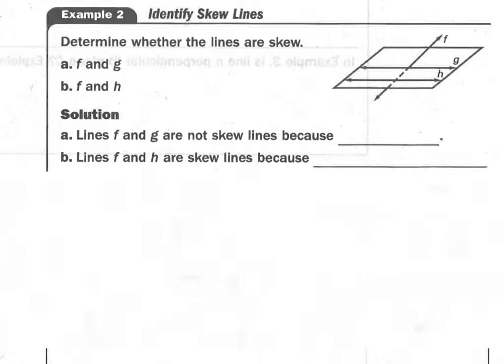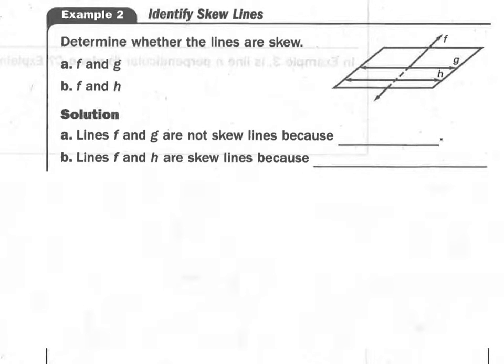Identify skew lines. Recall that skew lines are lines that are not on the same plane. The two lines cannot be on the same plane, and therefore they're not parallel, and they don't intersect with each other either. So let's see.